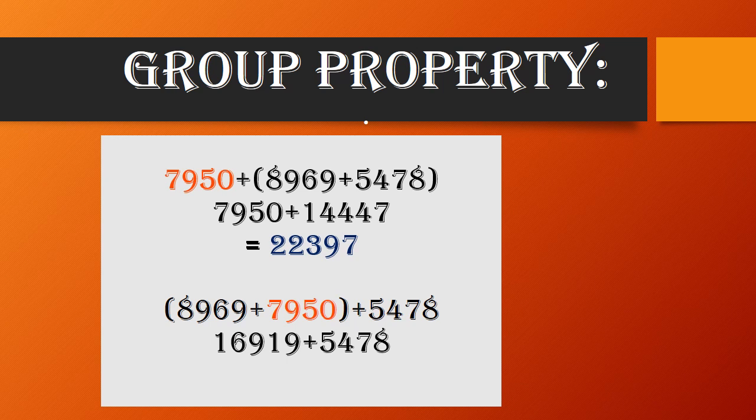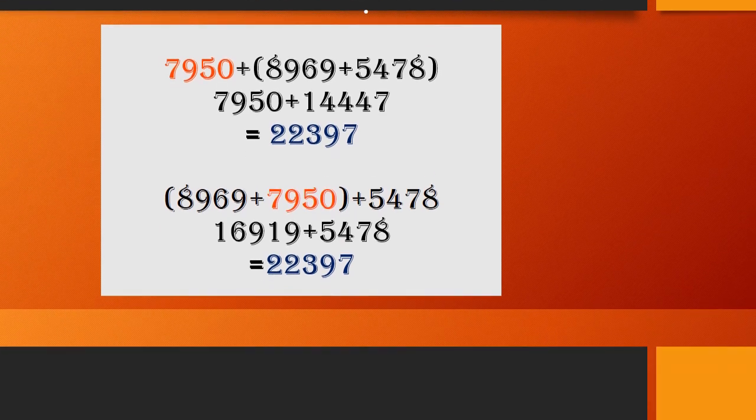Afterwards it will be added with 5478 and still I am getting the same result, 22,397. This proves that in addition you can group any two numbers, and the result will be the same.